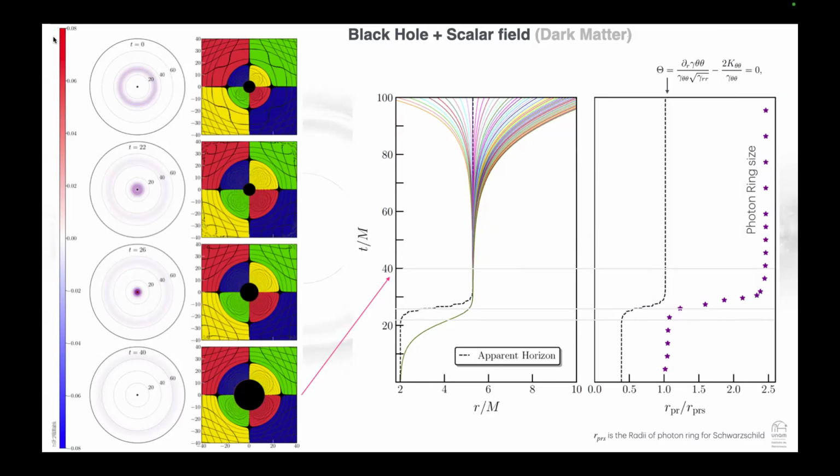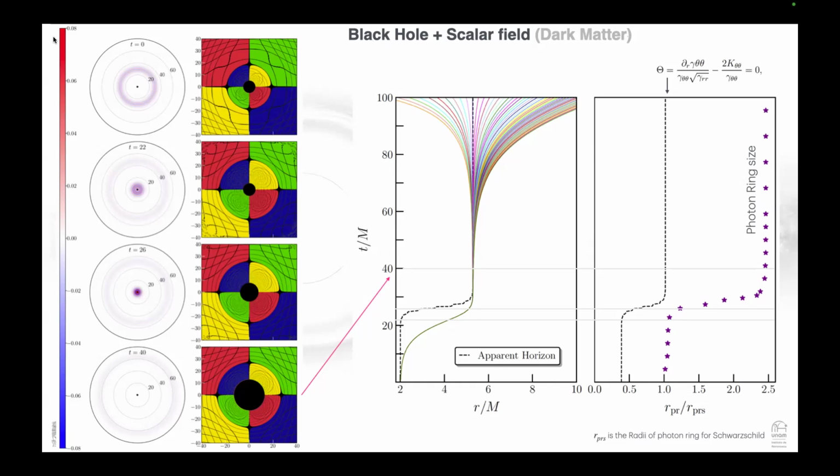So here again, I am showing the same evolution, but now we recomputed the image, or the shadow, if we want to call it like this, for the initial time. So basically, we have here a Schwarzschild black hole modified a bit far away, where we added the scalar field.